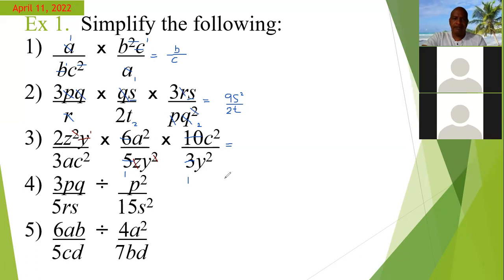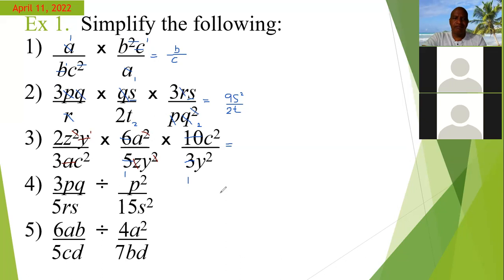Anything else? Yes, sir. The A in the denominator here to the power 1 with A to the power 2, so you just subtract 1 from here, leave A. Next. I don't think there's any more to cancel. You sure about that?